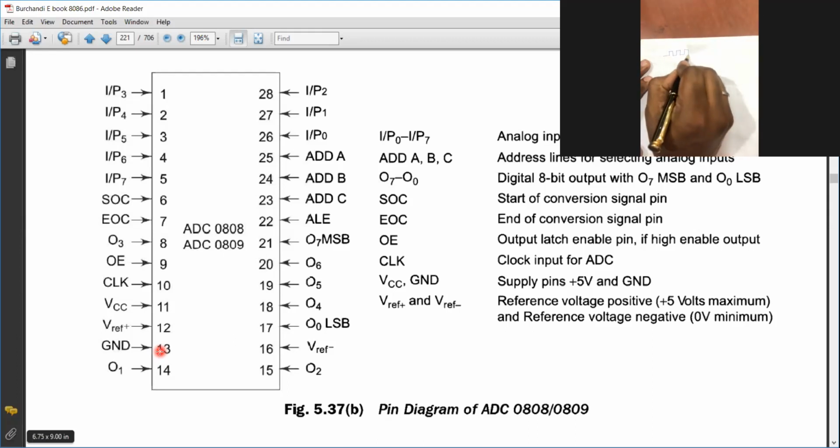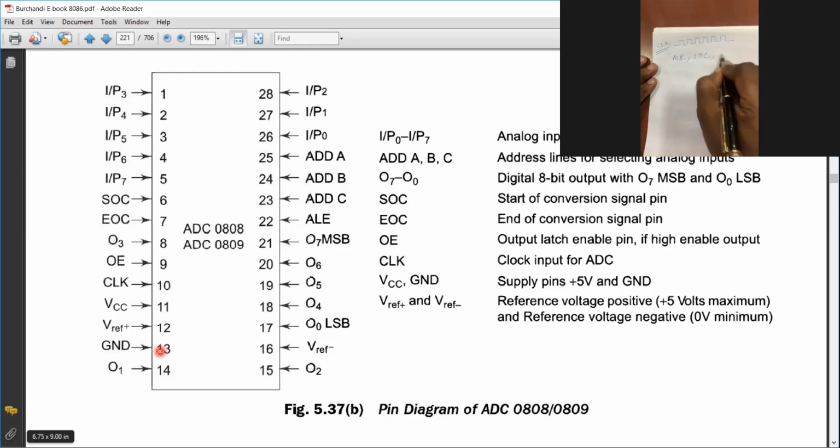The rest of the signals, ALE, SOC, EOC, and OE, these four are very, very important pins. What are their functions? Is it clear? The rest of the pins I think are already described. Any pin left? No, sir. So these four are very important pins.